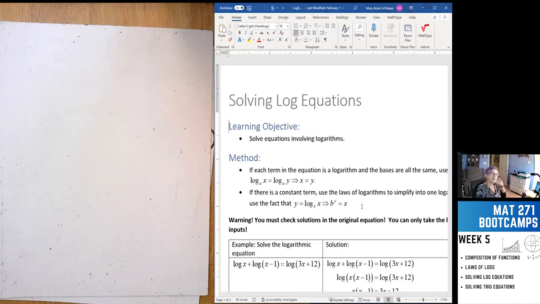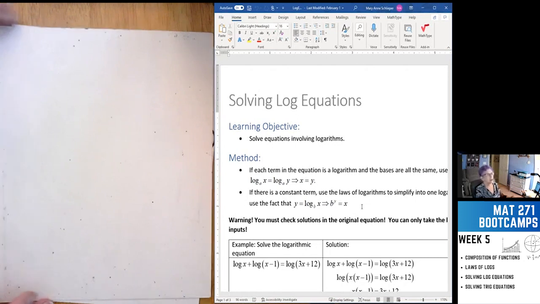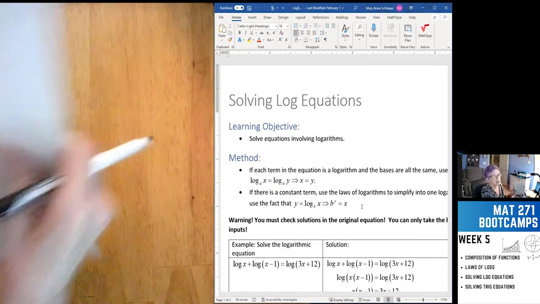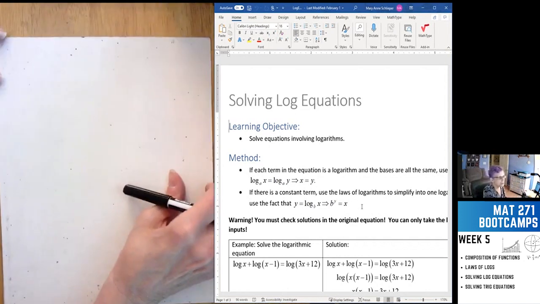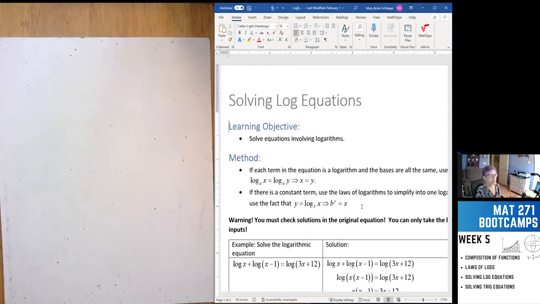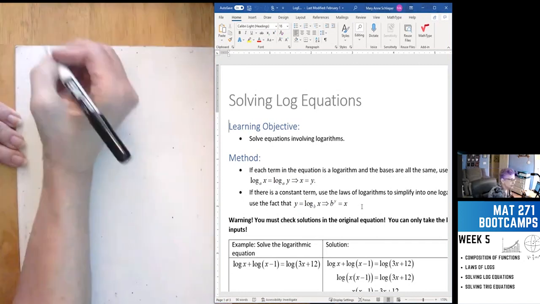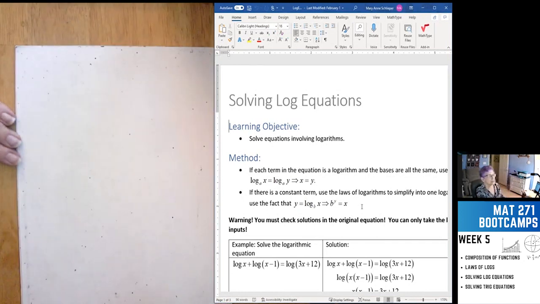And if the log base a of x is equal to the log base a of y, x has to be equal to y. And you always have to check your solutions back in the original equations, because you can only take the log of positive stuff. You cannot log 0 or anything negative. So that's why we have to be able to rewrite things as one handy dandy log unit.